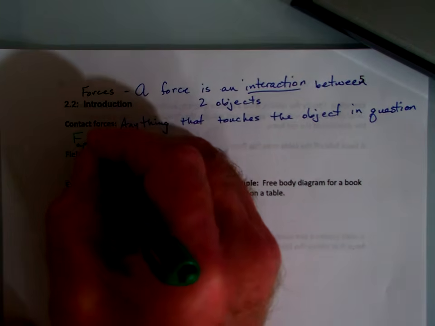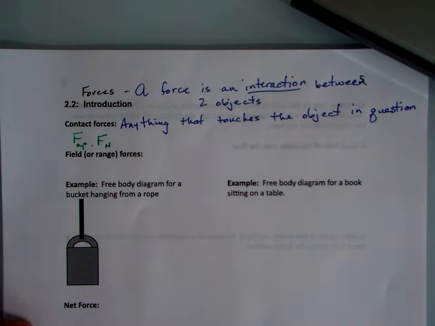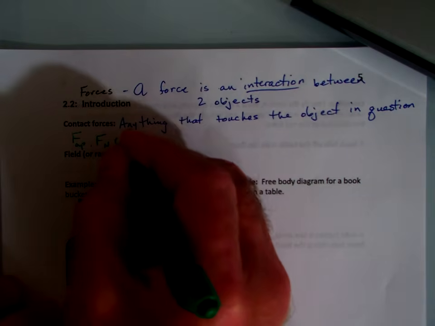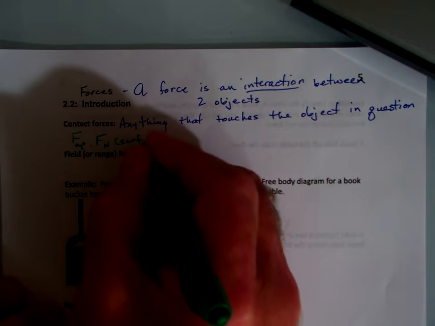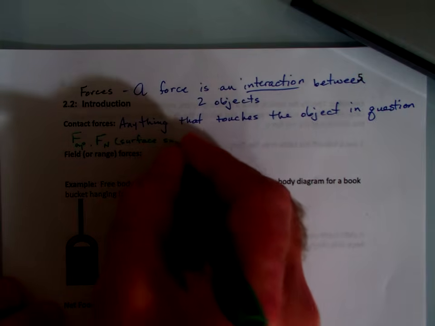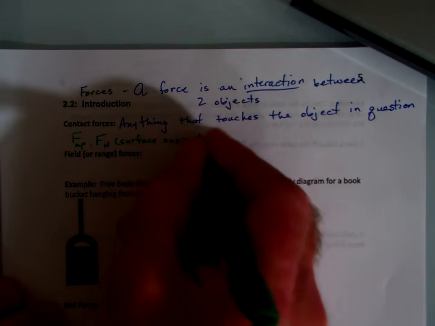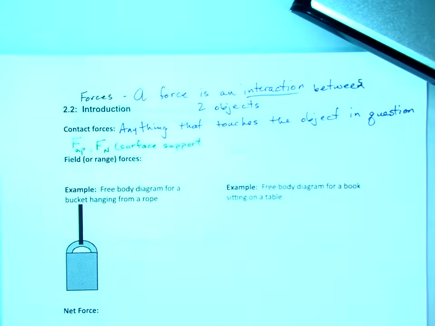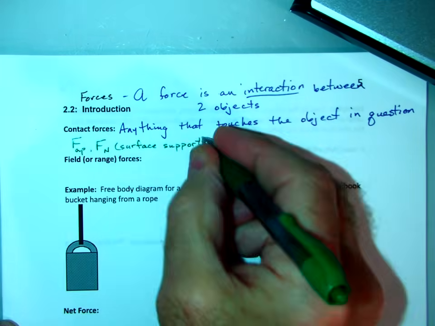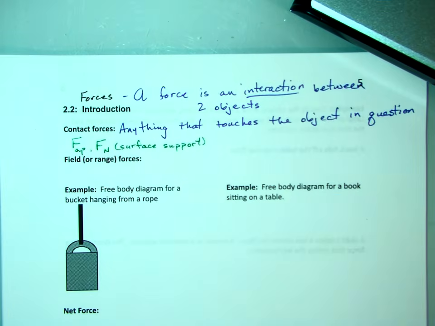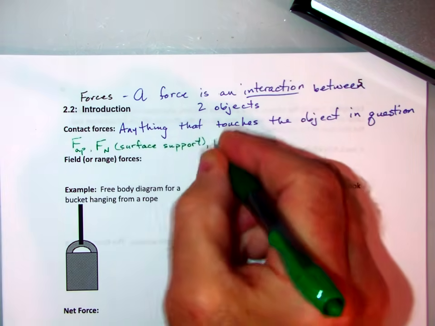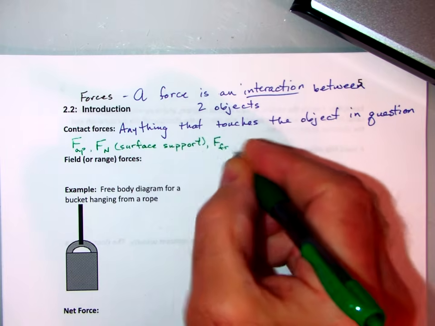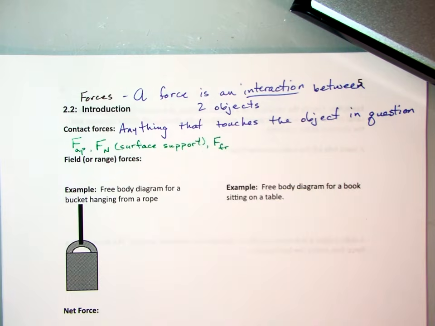This is anytime there is a push, somebody is pushing on something, you could simply call that an applied force. We have something called a normal force, F subscript N, and the normal force is also known as a surface support force. And so this is a surface support force. There is also forces due to friction, F subscript FR.